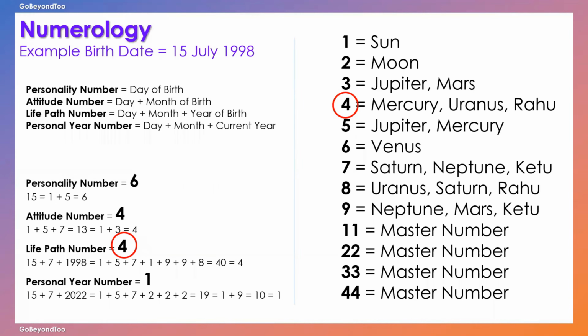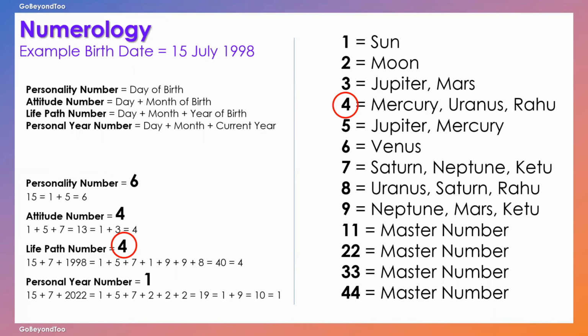We're going to calculate the day of birth, day plus month of birth, day plus month plus year of birth, and then day plus month and current year. The correct way of calculating would be to take the day of birth, which is 15, add 1 plus 5 equals 6. So 6 would be the personality number for this person.